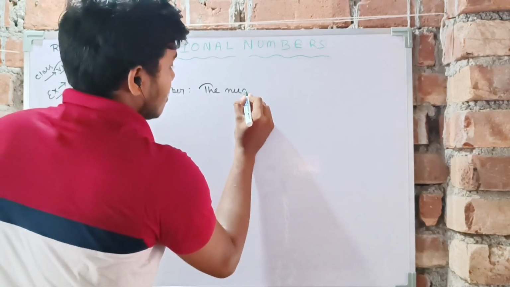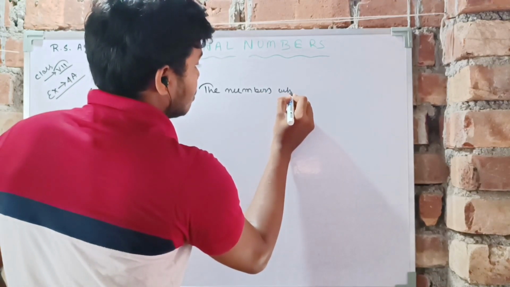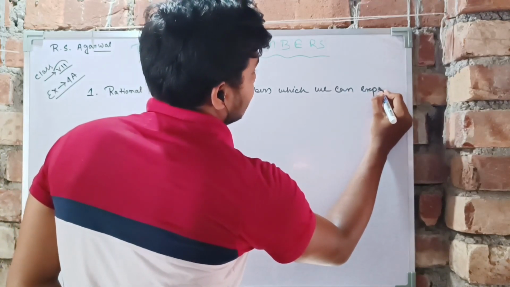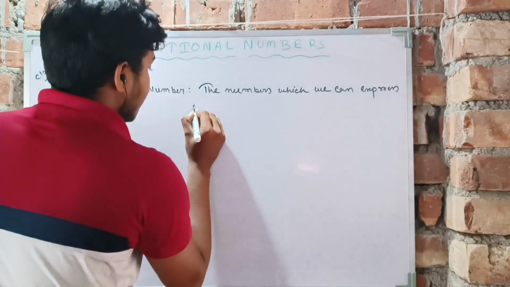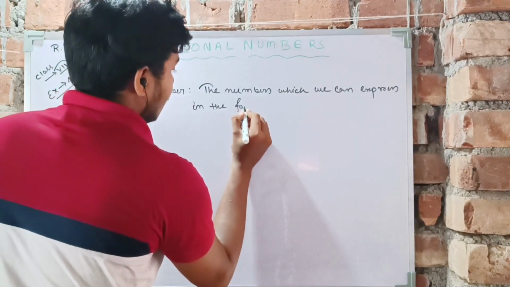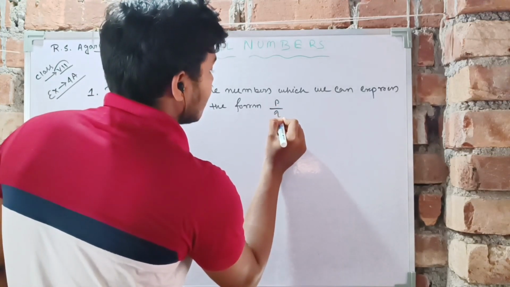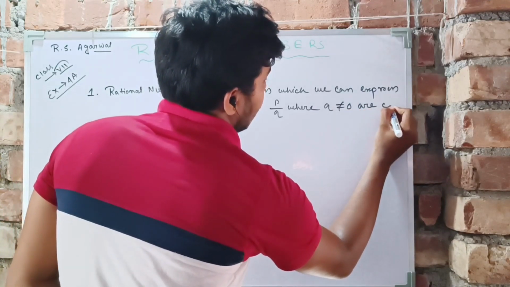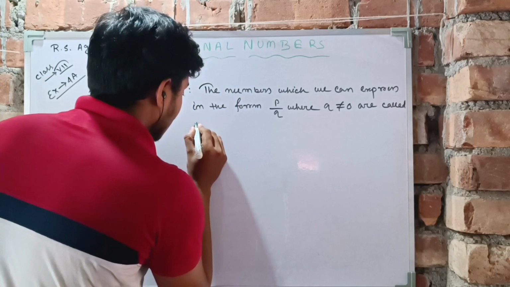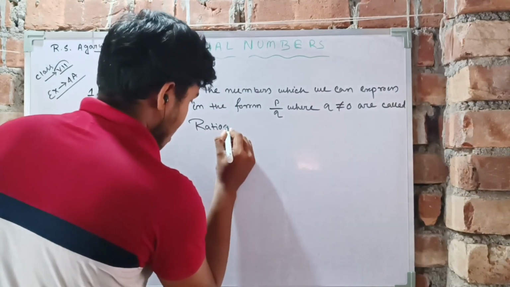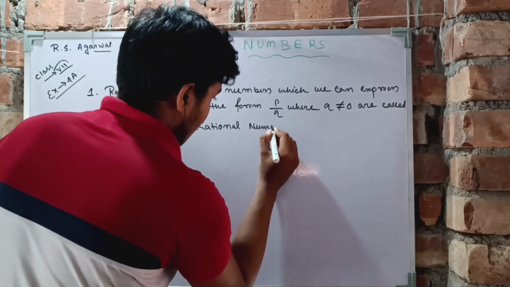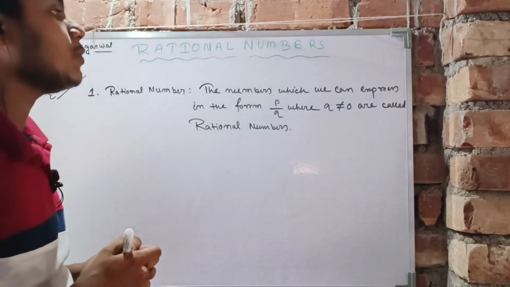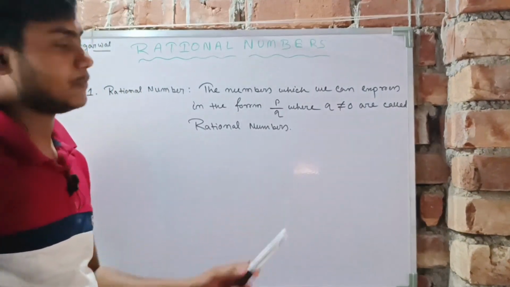The numbers which we can express in the form p by q, where q is not equal to 0, are called rational numbers.